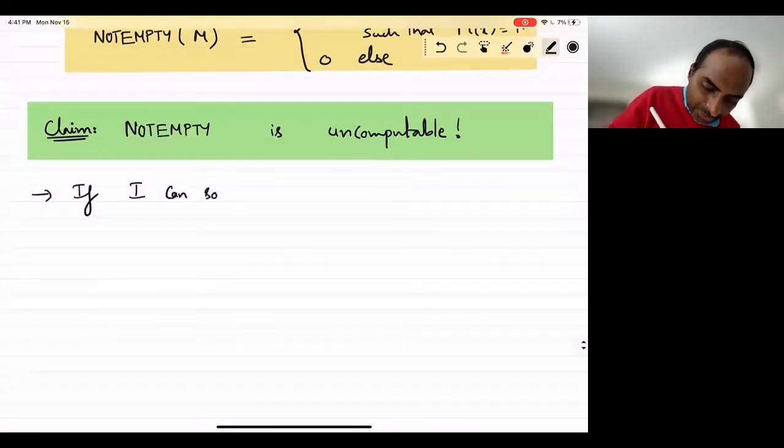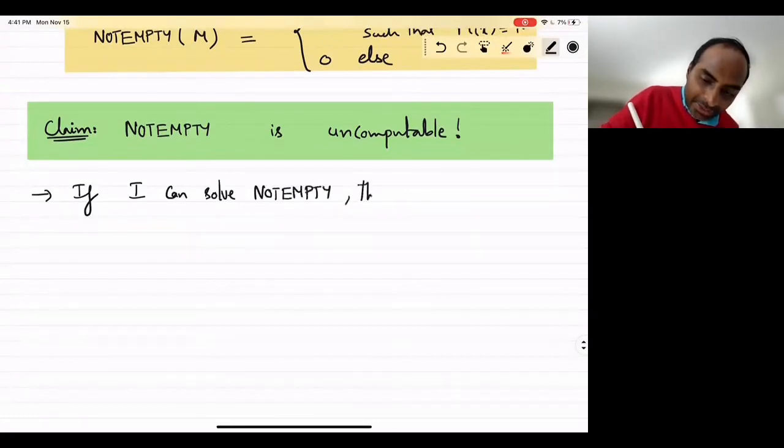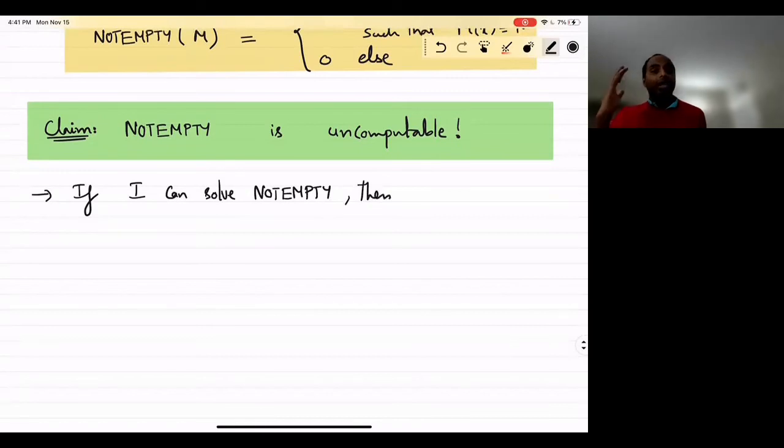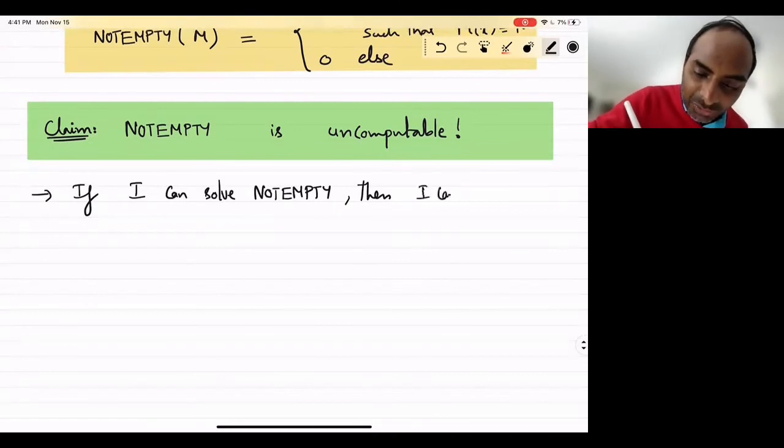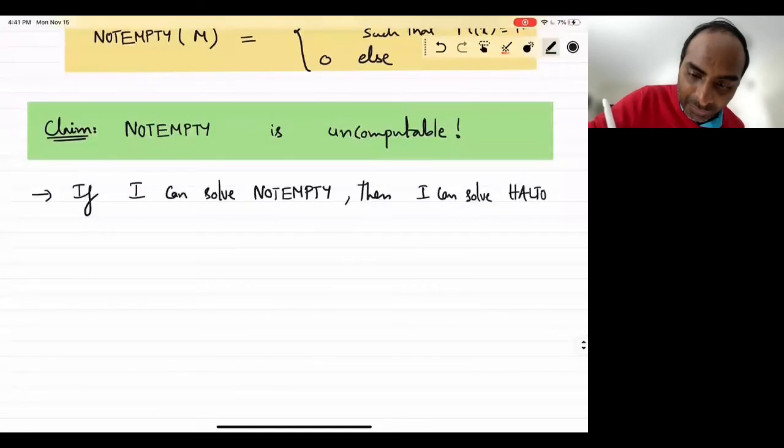If I can solve not empty, then I can solve some other hard problem. Now we're trying to show that not empty is a hard problem that no computer can solve. And the way we'll do it is to say that, suppose somebody gave me the power to solve not empty, then I can do something even more amazing or seemingly more amazing, which is, for example, then I can solve, let's say, halt on 0.